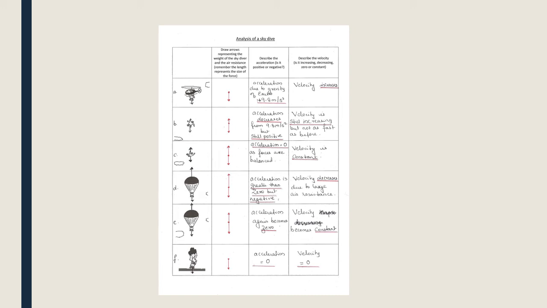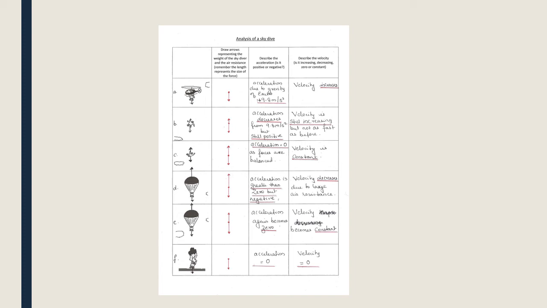So that is the stage that is explained in the D part. And if you look at the arrows, you can see the upward arrow, which represents the air resistance, is now much bigger than the downward arrow, which represents the weight. So now the resultant force is in the upward direction, but the person is still moving downwards, so the acceleration becomes negative.